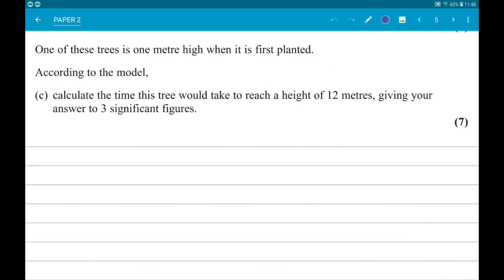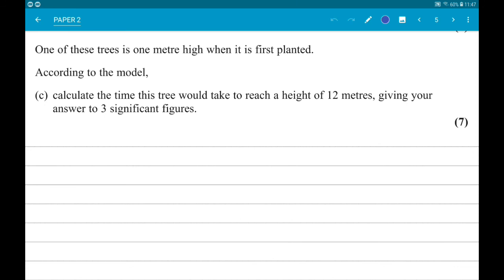And the final part. So one of these trees was 1 meter tall when it was first planted. Initial condition: t is 0, h is 1. Calculate the time it would take this tree to reach a height of 12 meters, giving your answer to 3 sig figs. Alright, so what the initial condition allows us to do is to solve the differential equation.